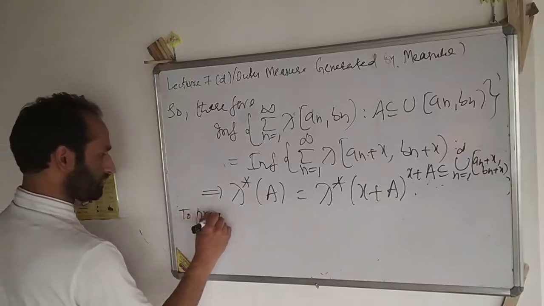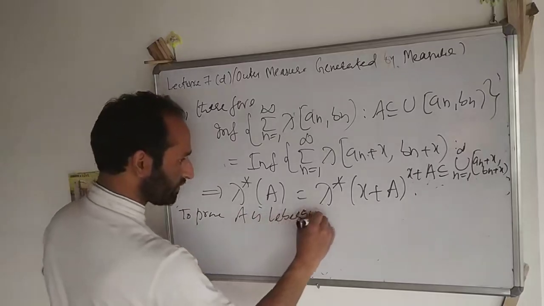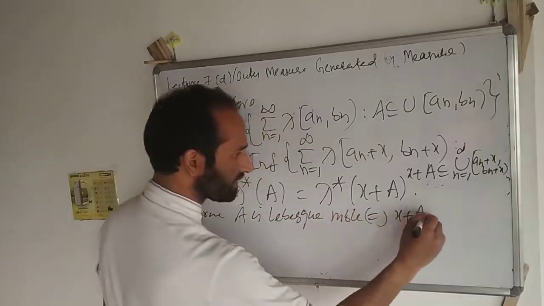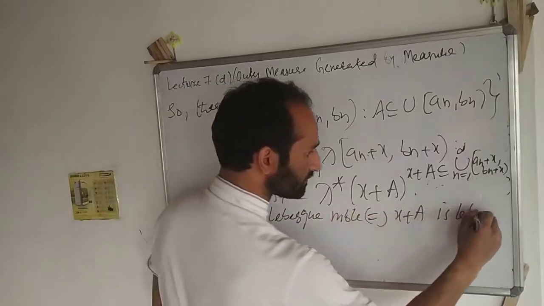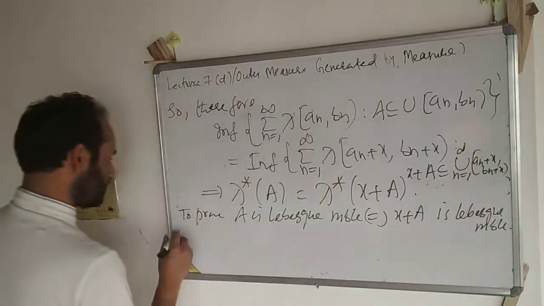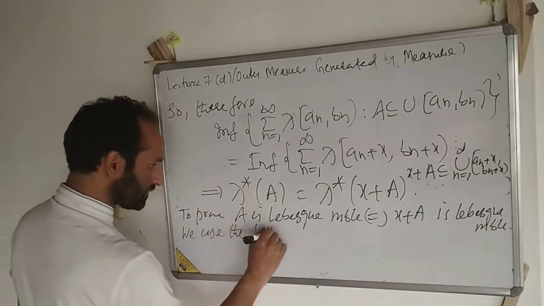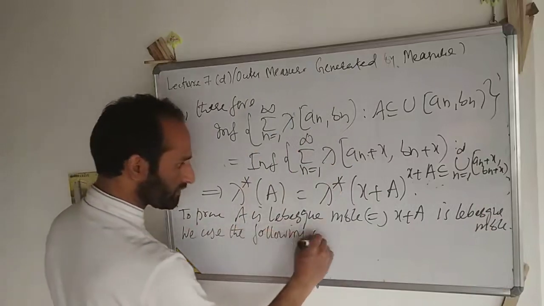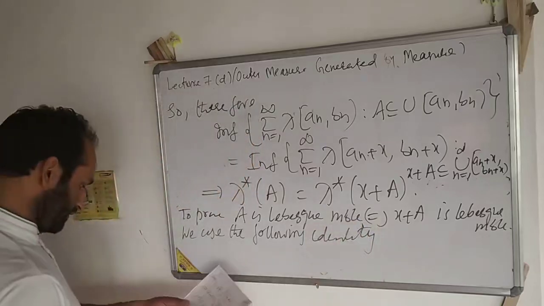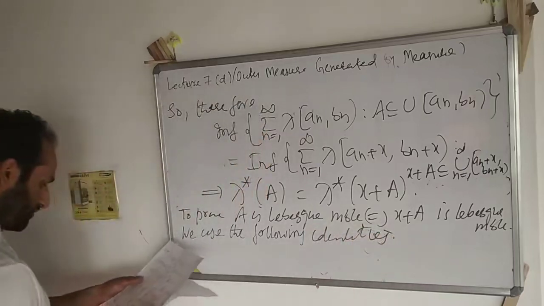To prove this, we use the following identities. What are those identities? We have two identities here.